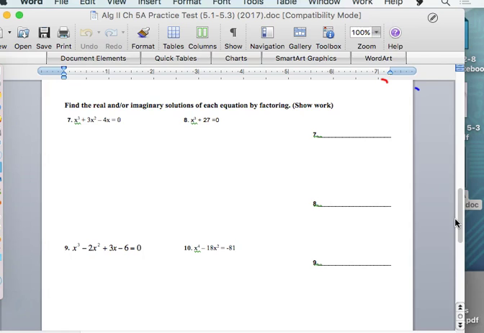Now, those of you that are great factorers, this back page is for you. That's what this is about. Find the real and or imaginary solutions by factoring, and you have to show your work. So taking a look at number 7, what would you do first? Take an x out. Jake and Chase, pay attention. We will take an x out, and it will look like that.